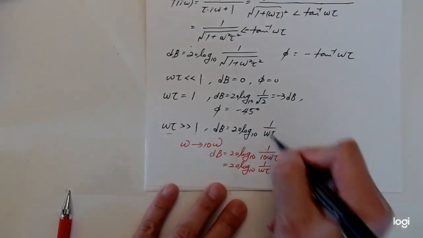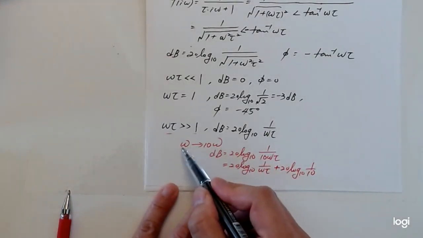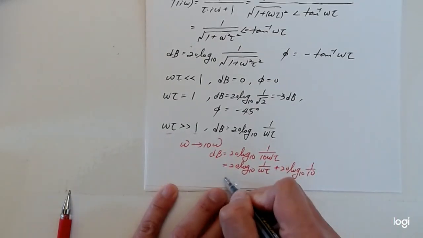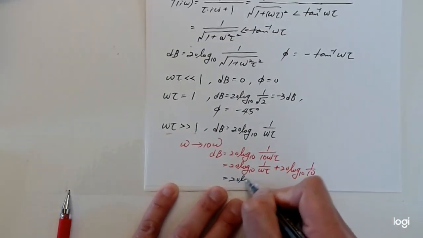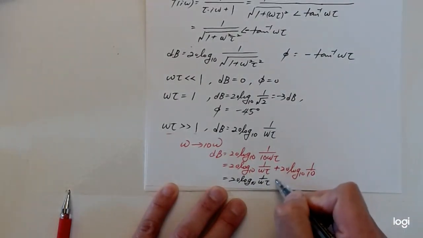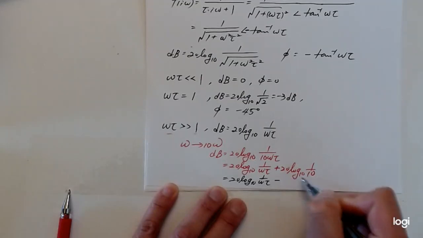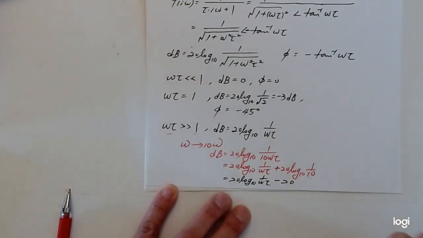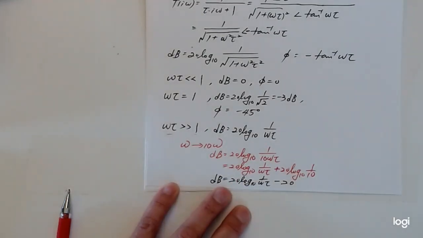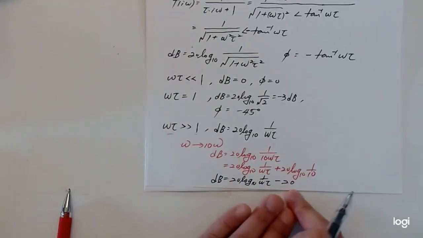So when I increase omega 10 times, I get the original value and drop this value, which is 20 dB. So 20 dB drop in this range.